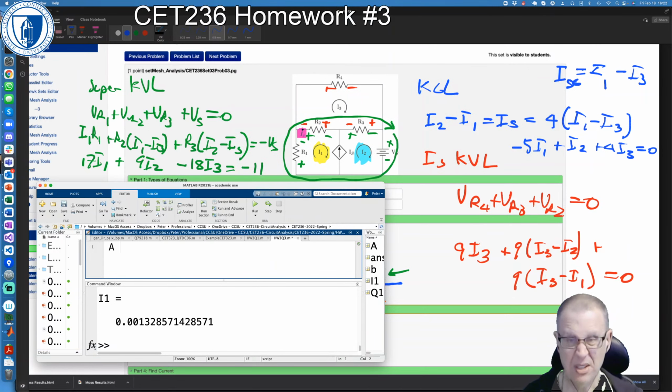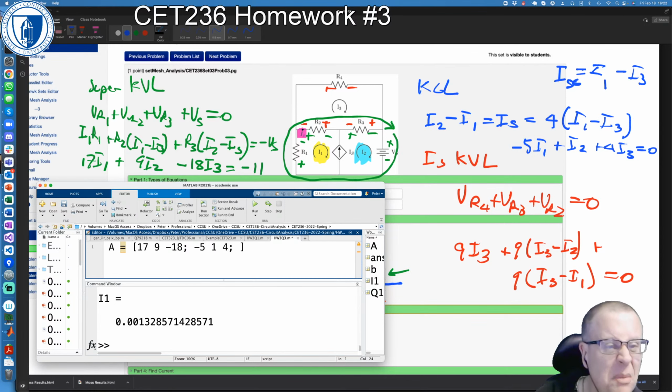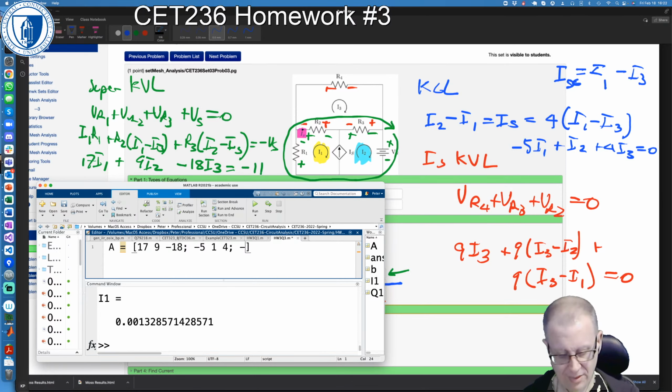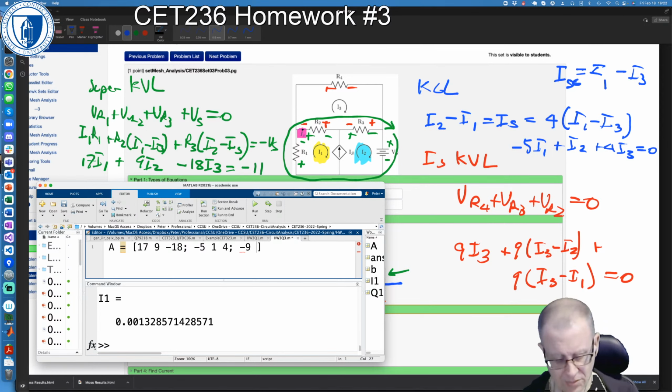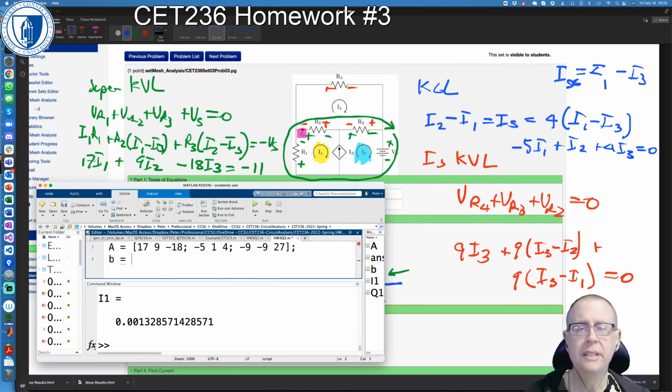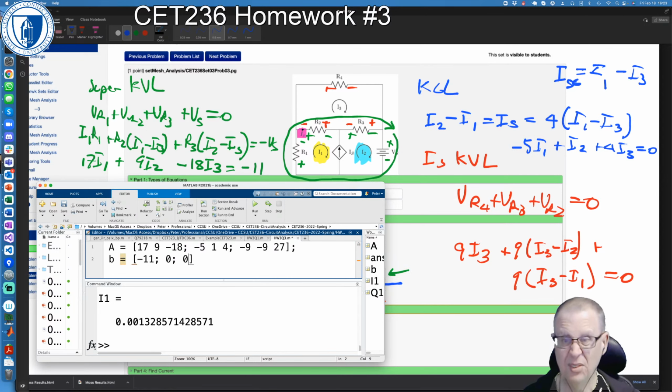Right, and my A matrix this time is 17, 9, minus 18, and then minus 5, 1, 4, and then my I1 is minus 9, and my I2 is also minus 9, and my I3 is plus 27. And then for the B, we just have a minus 11, and then everything else is 0.